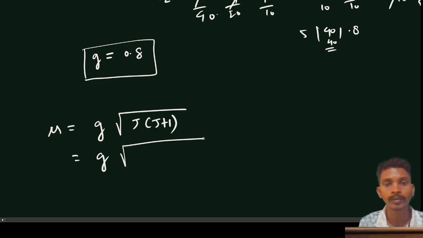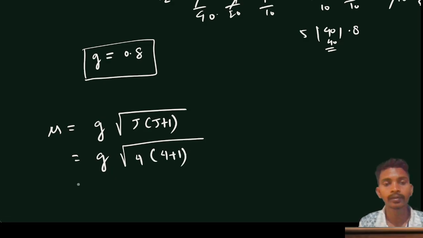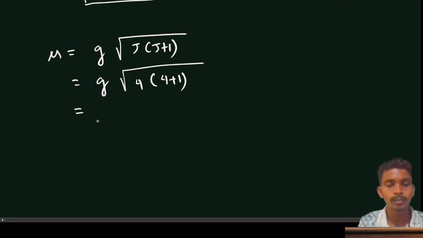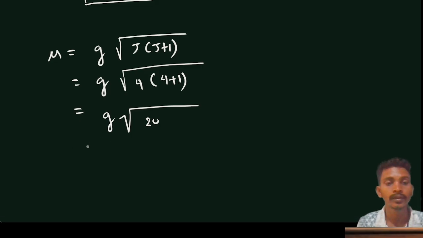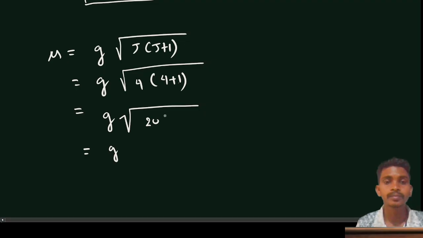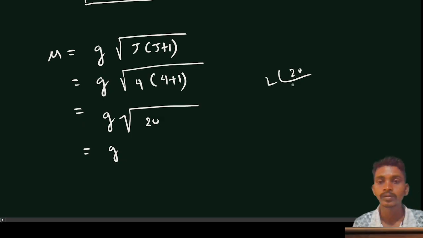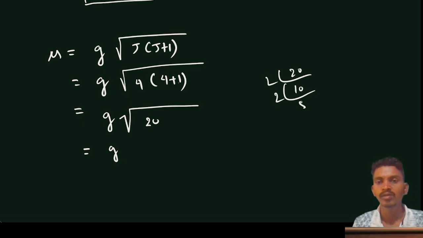J value is 4, so 4 into 5 is 20, root over 20 is 2 root 5.